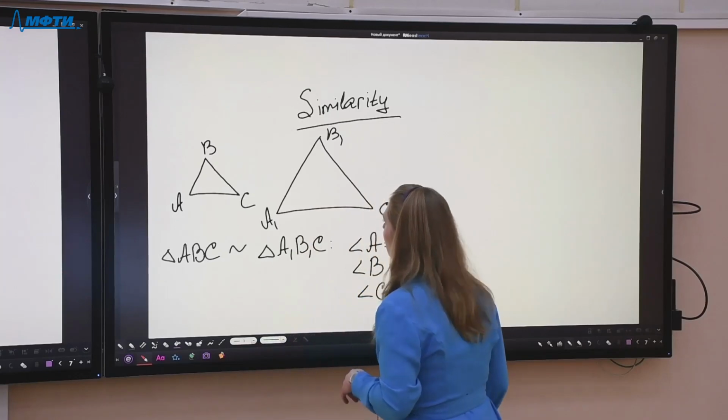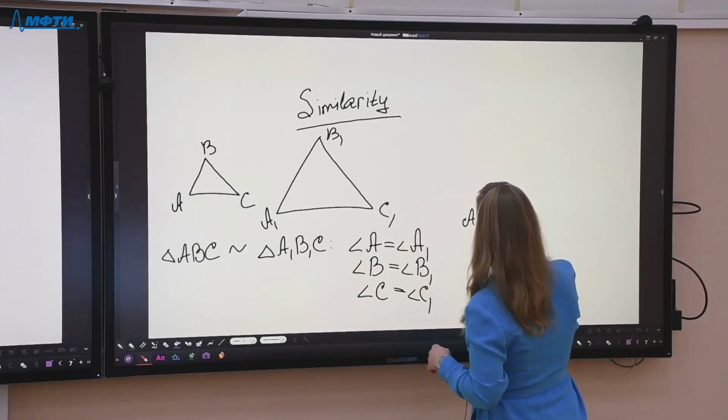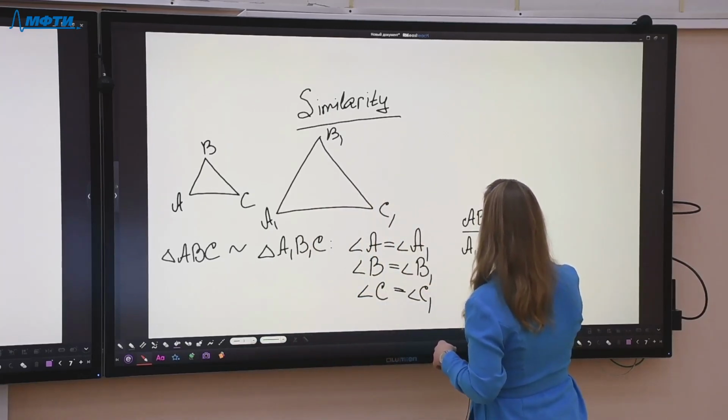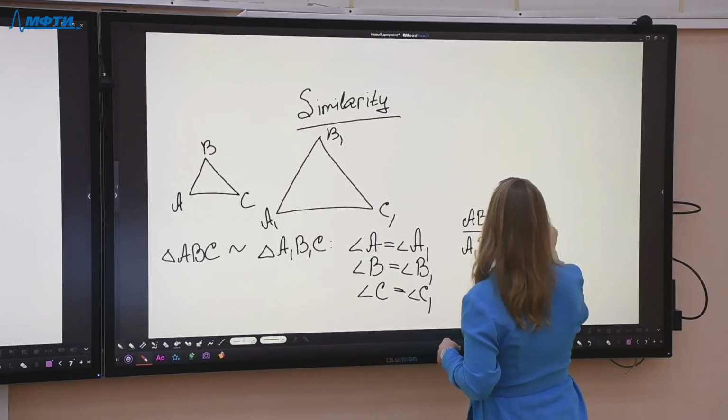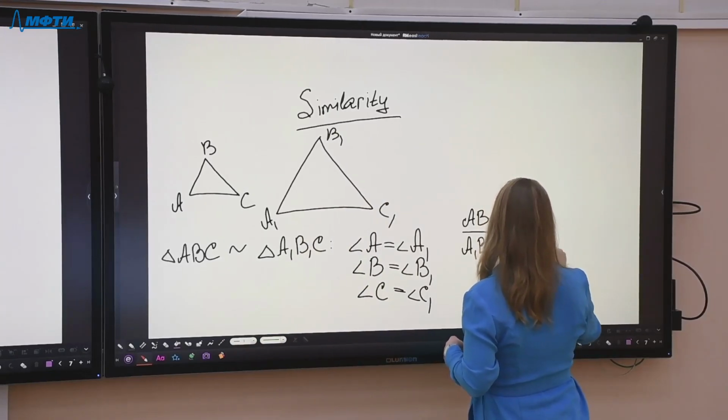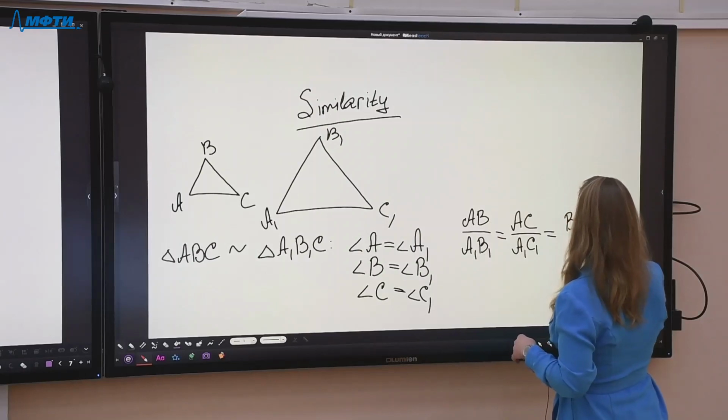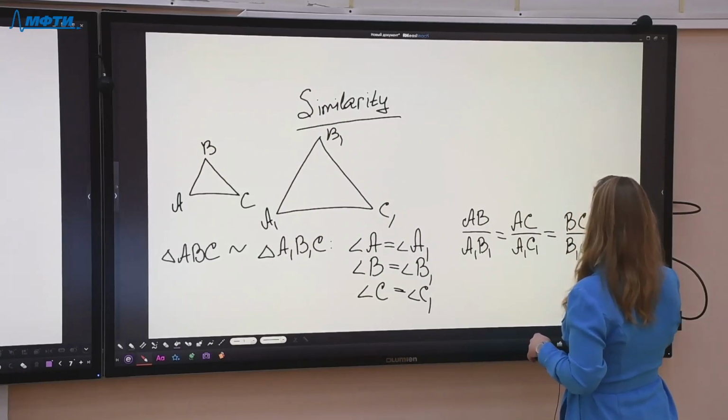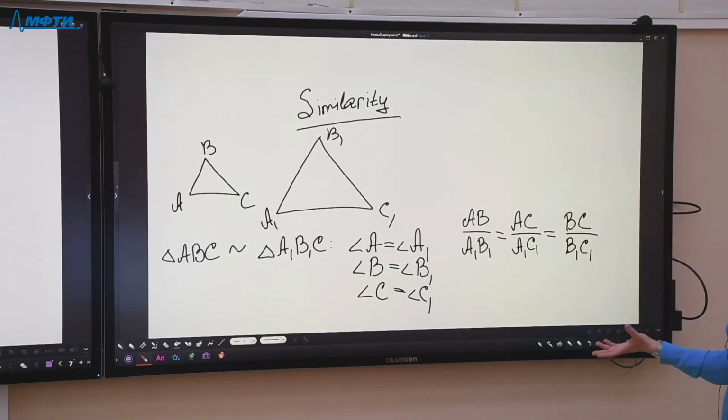And also we need AB over A1B1 to be equal to AC over A1C1, and this is BC over B1C1. So all the sides are proportional to each other, and the angles are equal. So again, they have the same shape, but different sizes.